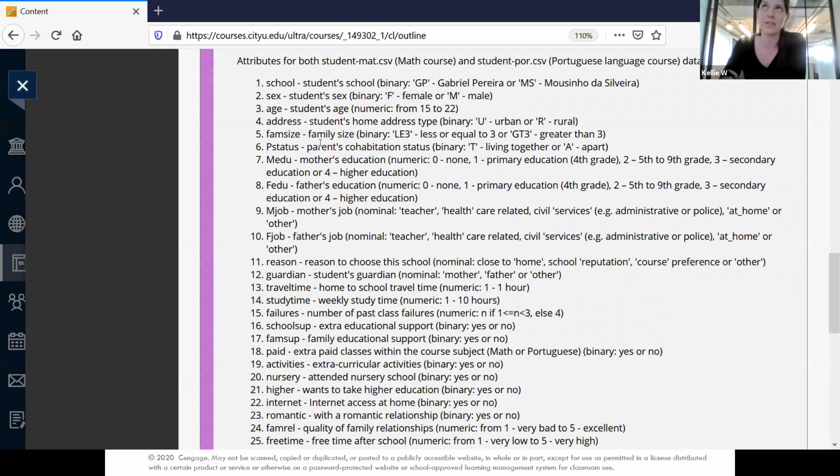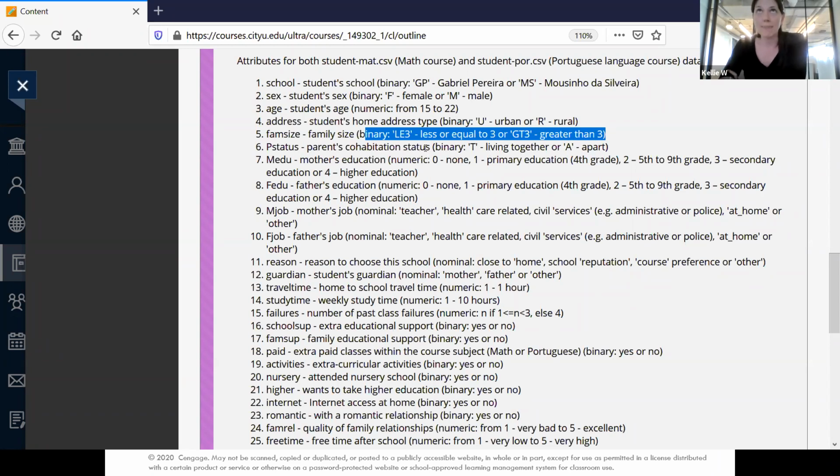I can't foresee you guys using address unless you decide to go crazy and do some kind of geospatial analysis. Highly doubt it. Family size, and just note that, when you look at the data, there's going to be LE3 or GT3, so either less than 3 or greater than 3.